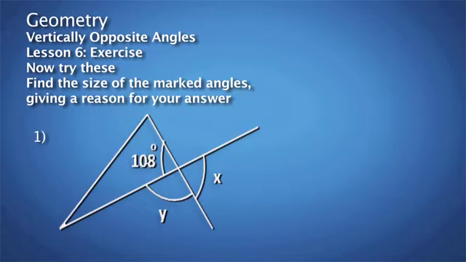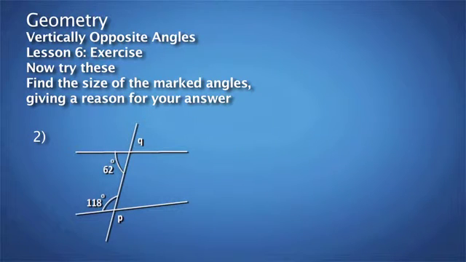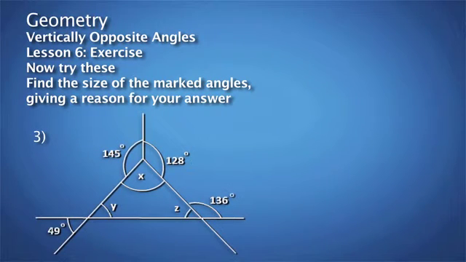Number 2, find the value of angle P and angle Q. Number 3, it looks complicated, but it's actually very easy. We're supposed to find the value of angle x. Take a look at it. It's easy to find the value of x. Find the value of angle y, and then find the value of angle z.